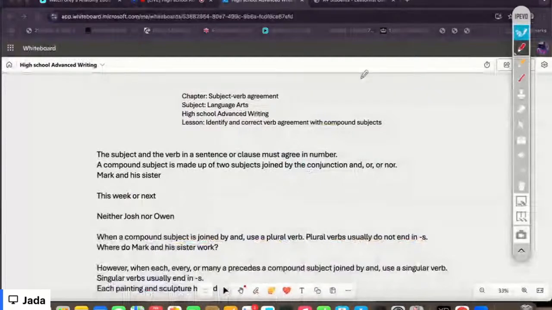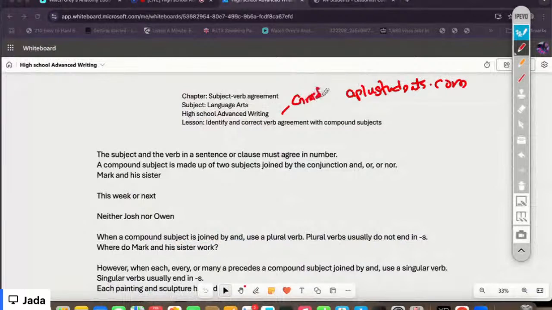Today we'll complete our lesson on subject-verb agreement. First, you have to log in using aplusstudent.com. This class is for high school advanced writing, but we will take the chapter from grade 9.